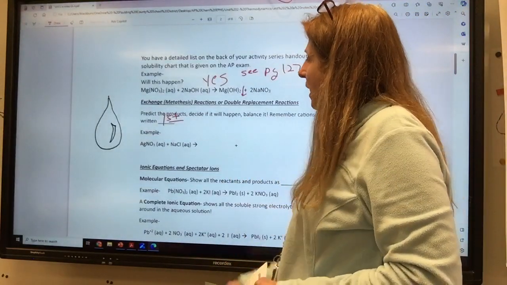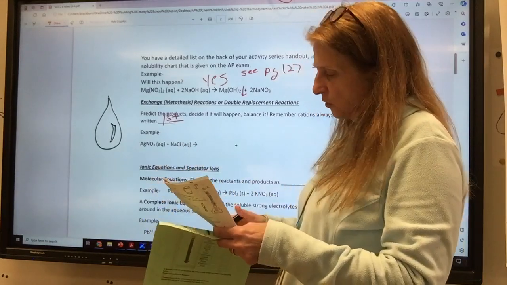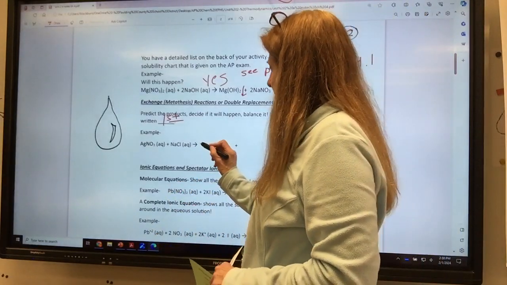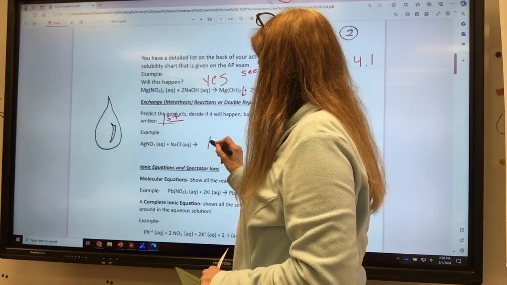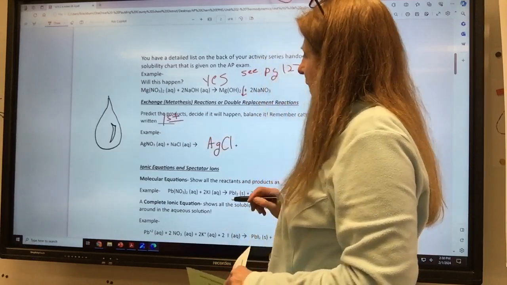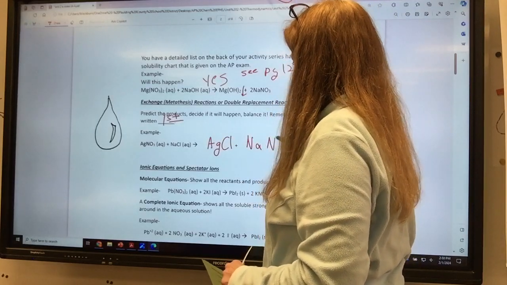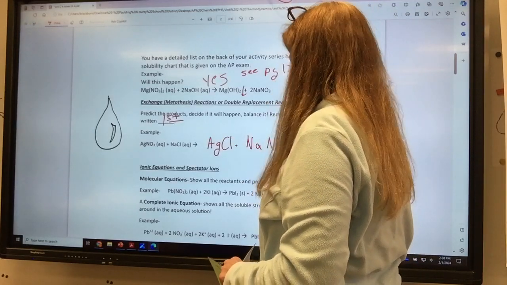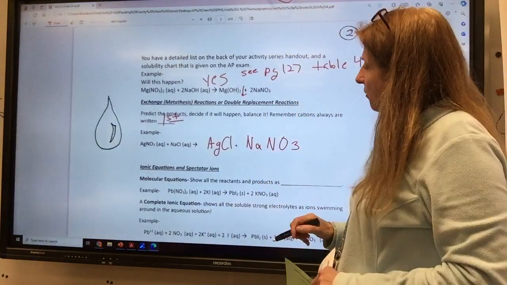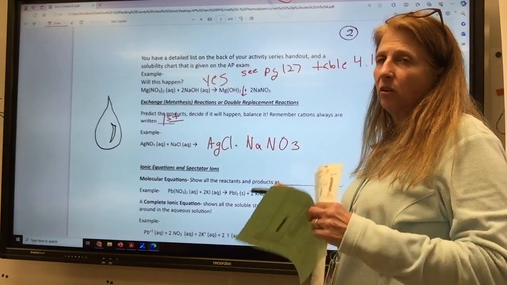Okay, so example, here we have silver nitrate and sodium chloride. Is this going to happen? Well, first we'll just write it. So the silver goes with the chloride, AgCl, and those are both 1, so I can just write them together. And then the sodium goes with the nitrate. Those are ones too, so I can write it. So how about the nitrate? Is it going to precipitate out or be in solution?